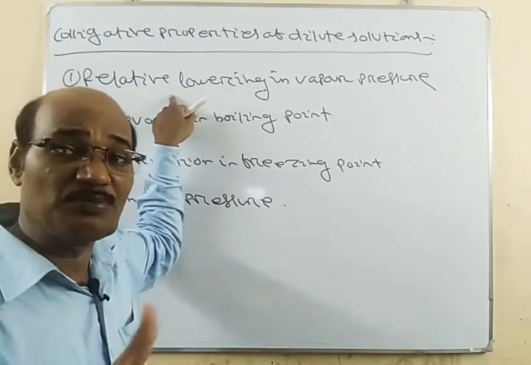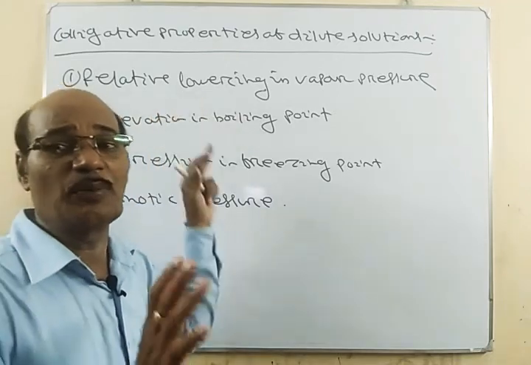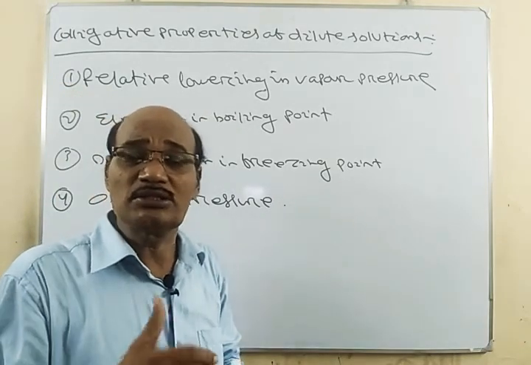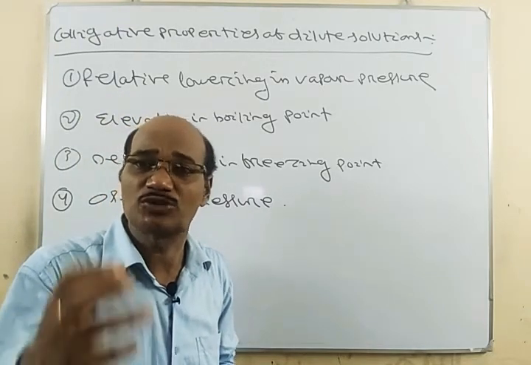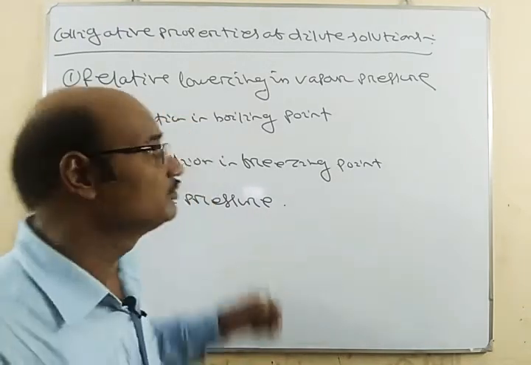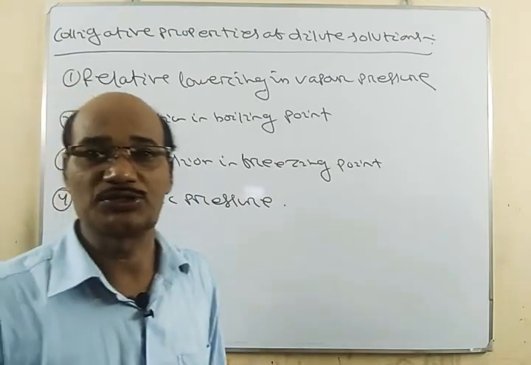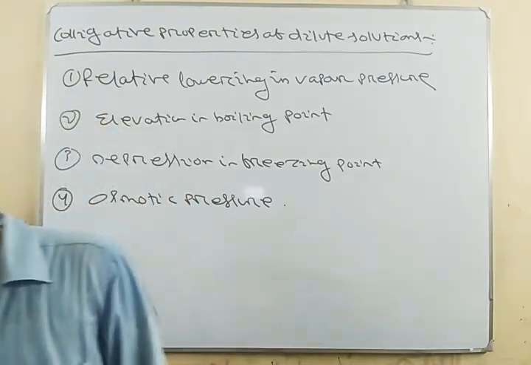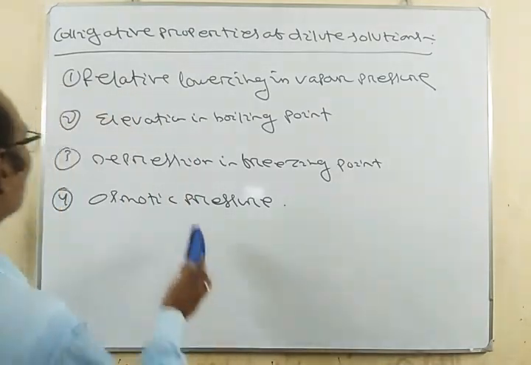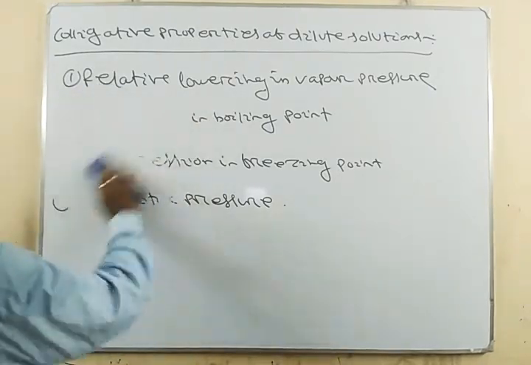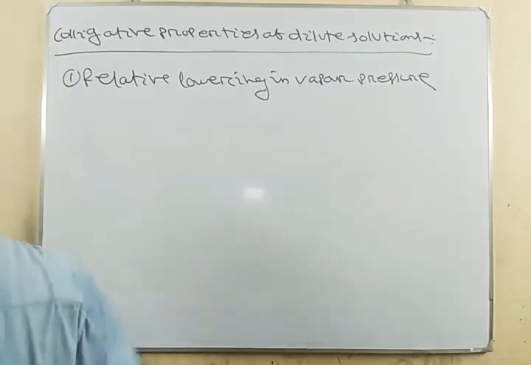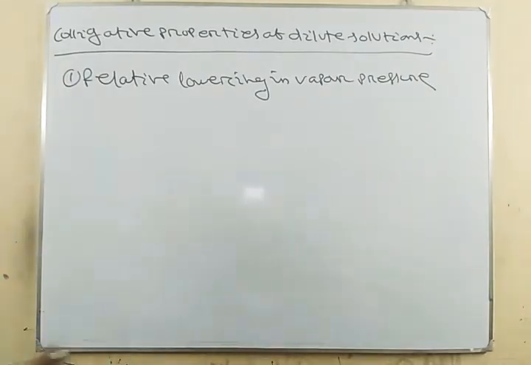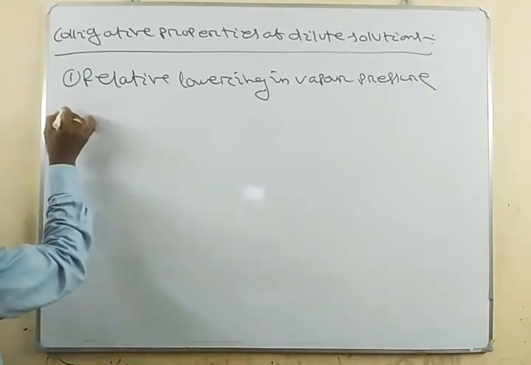If they depend, then it's a colligative property, and again we will try to calculate the molecular mass of solute from these colligative properties. So let's see, first of all, relative lowering in vapor pressure. Relative lowering in vapor pressure is a colligative property. See how.